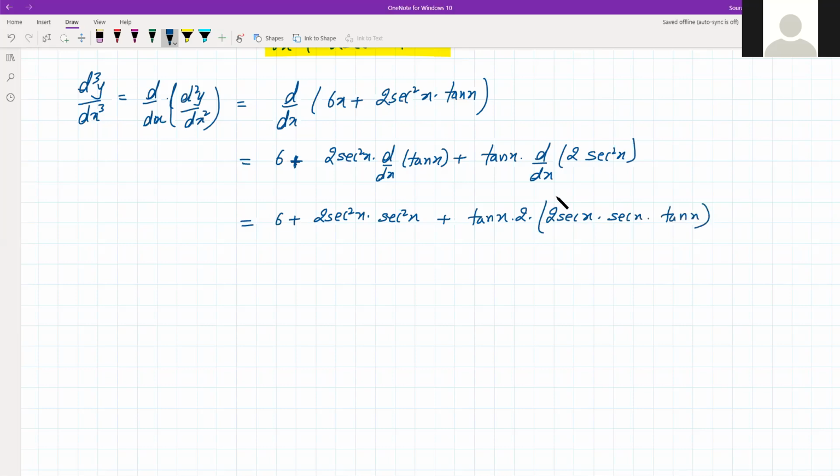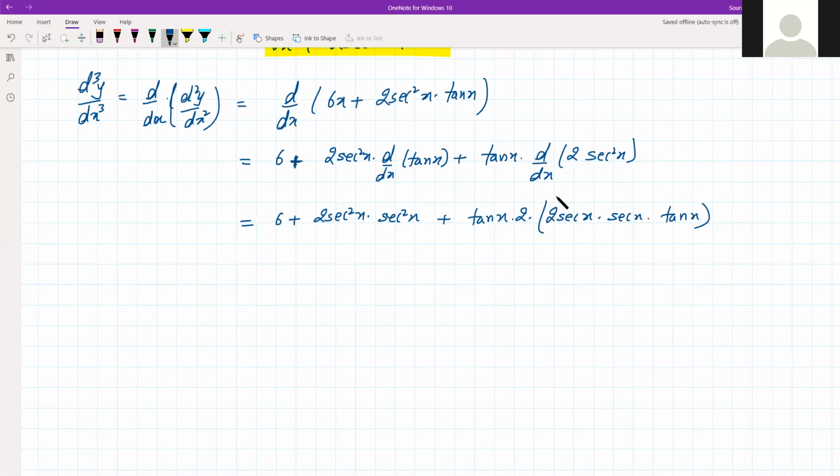Because it is secant to the power n, it will be n into secant to the power n minus 1. So 2 into secant to the power 2 minus 1, that is 1, and then the differentiation of secant x, which is secant x tan x.